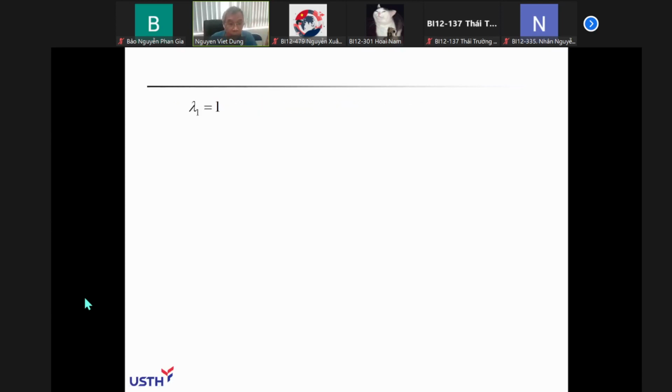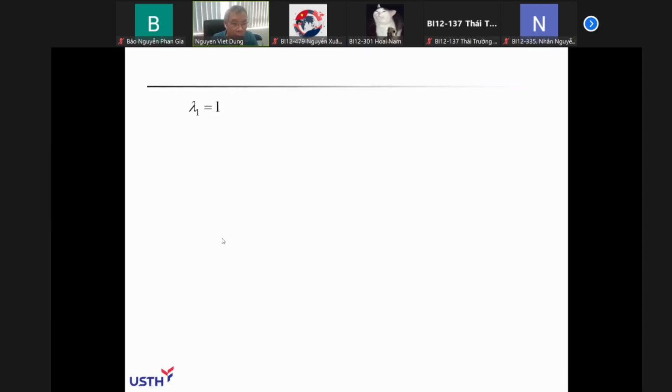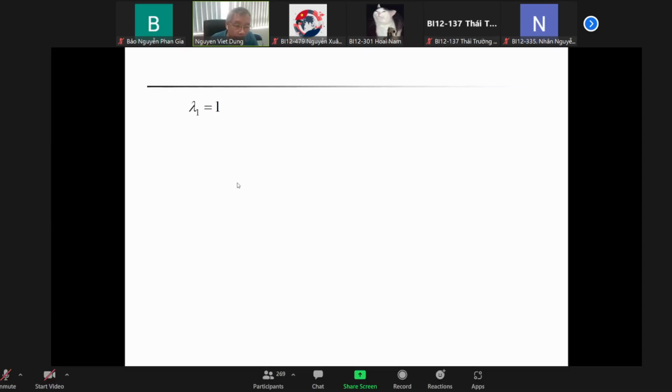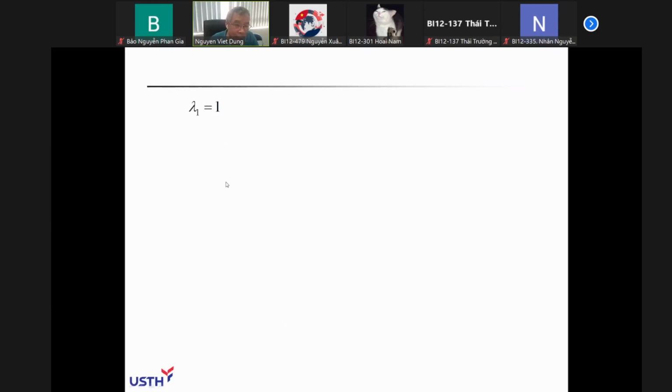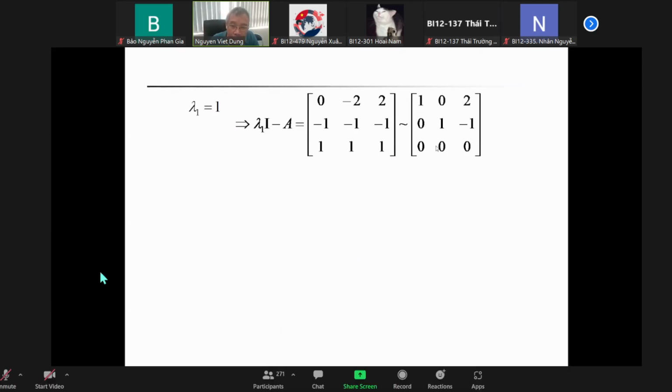Next, we need to find the eigenvector corresponding to each of those eigenvalues. The first one, lambda 1 equal 1. To find the eigenvector corresponding to that, we write down the homogeneous system of linear equations. Lambda 1 I minus A is that, and that is row equivalent to that one.